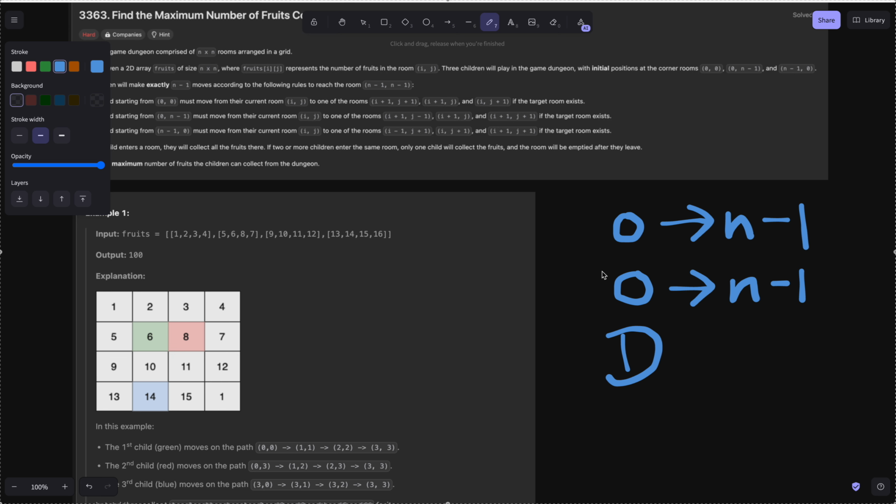Now going to the second child. The second child can have any of the moves (i plus 1, j minus 1), (i plus 1, j) and (i plus 1, j plus 1).